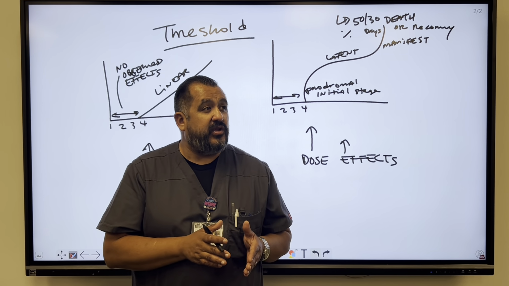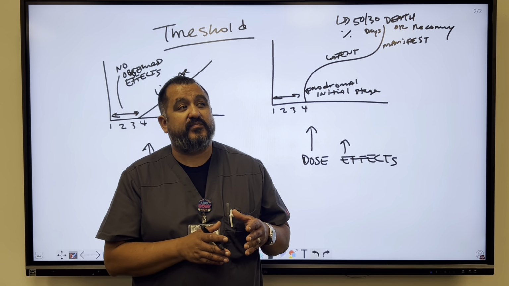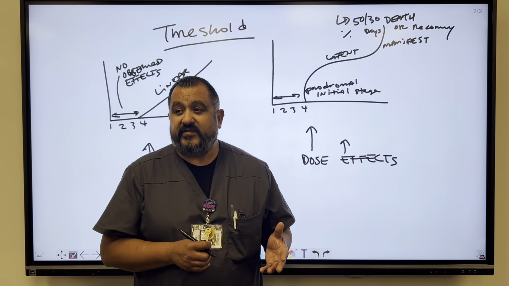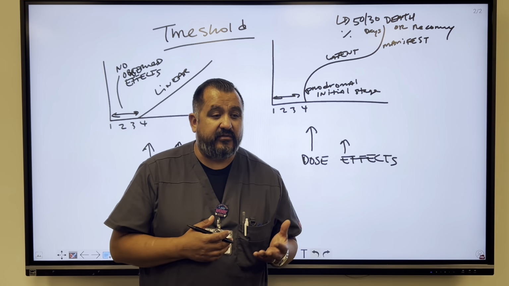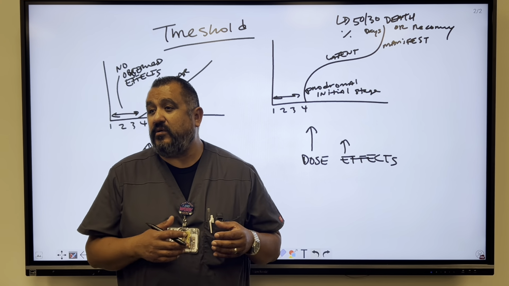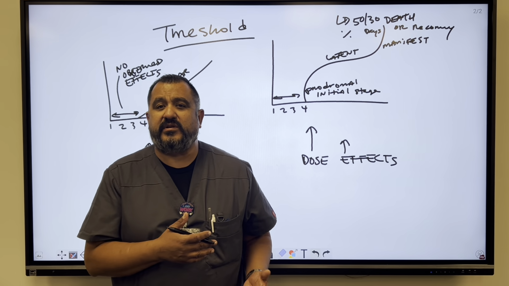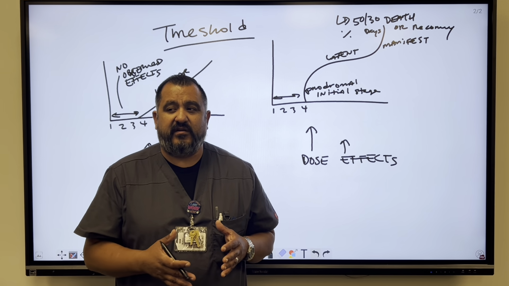And remember, you can't treat radiation, the effects of radiation, but you can treat the symptoms. If somebody's dehydrated, you give them an IV. If somebody is vomiting, you give them an antiemetic. If somebody has diarrhea, you give them something for the diarrhea. If somebody's low on blood cell count, you give them a transfusion. So you can treat the symptoms, but you can't treat the sickness itself.